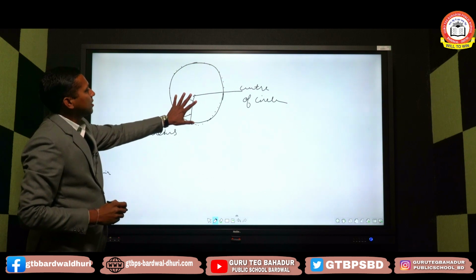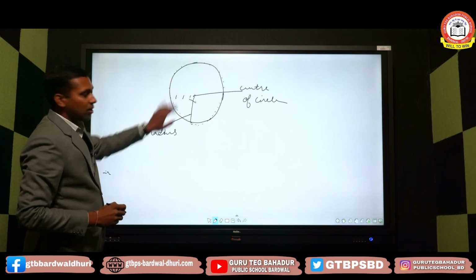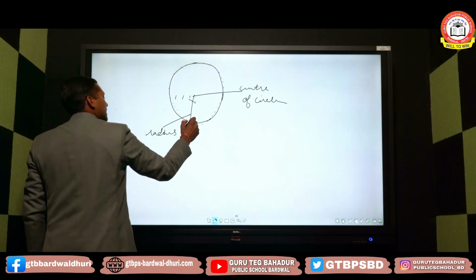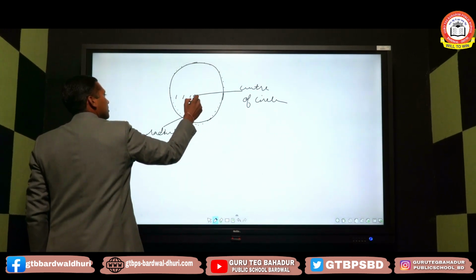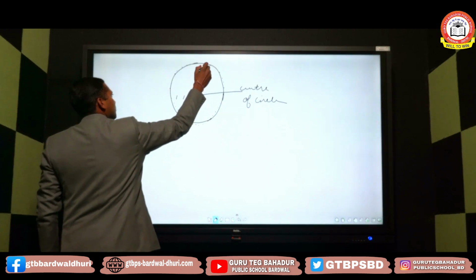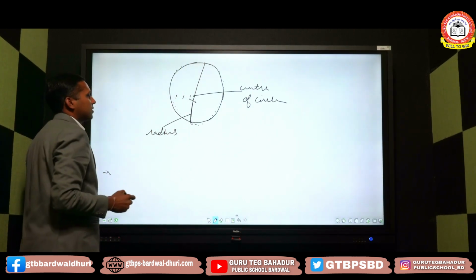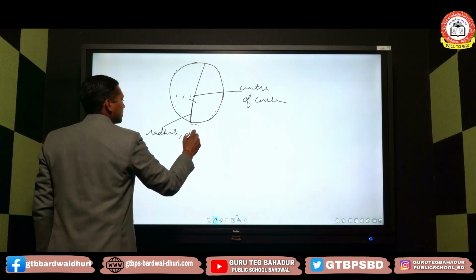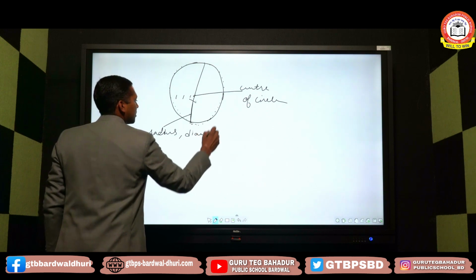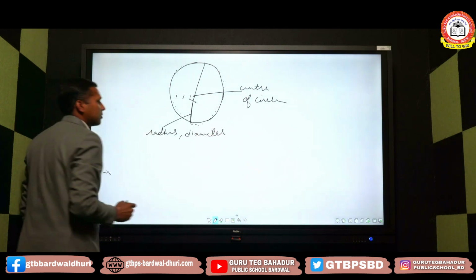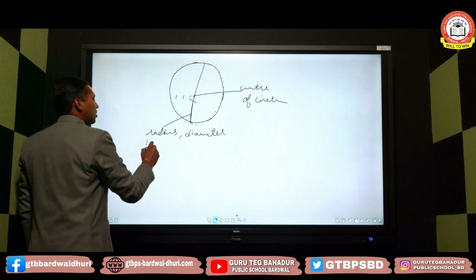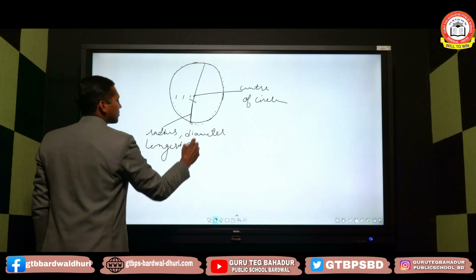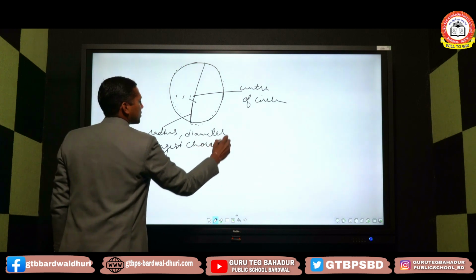The radius of a circle is always equal, and when we extend this radius and join the other part, that will act as the diameter of the circle, or the longest chord of a circle.